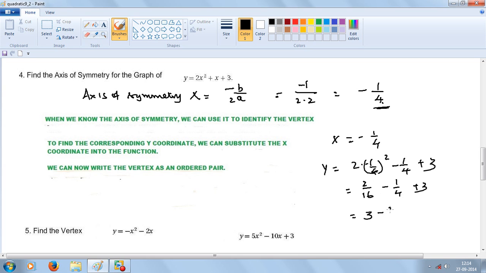The result is 3 minus 2 by 16, or 3 minus 1 by 8, which is 2 and 7 by 8. That is the y coordinate. So what is the ordered pair x, y? The ordered pair is minus 1 by 4, comma, 2 and 7 by 8.